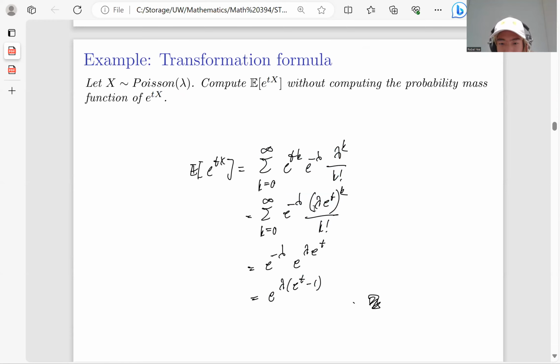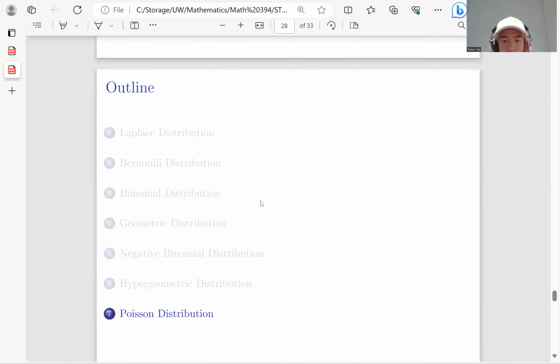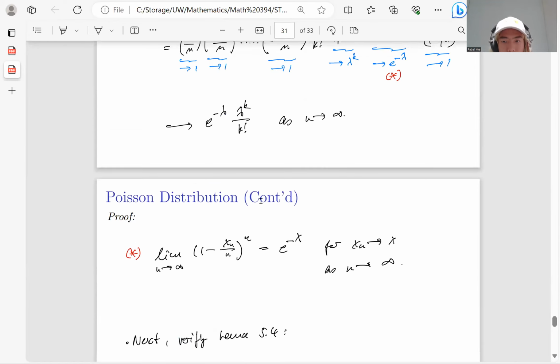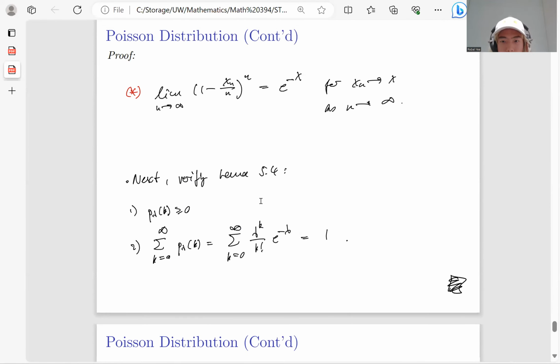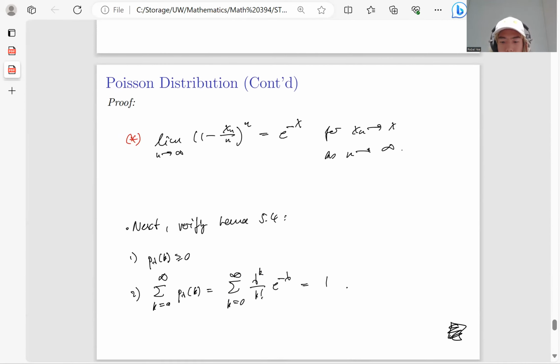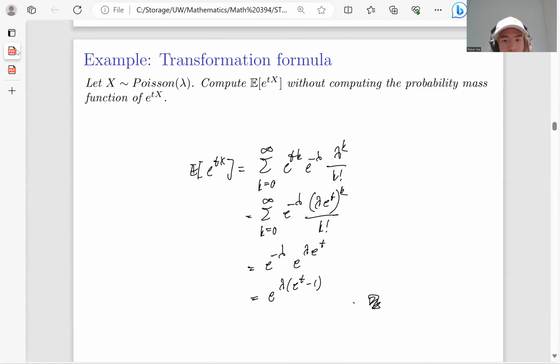It's like how we are moving from this step to this step. This can be somehow not very obvious because we're now using the property we studied before. I mean, in the last page, yeah, we are using this property because remember, here's 1 minus something.